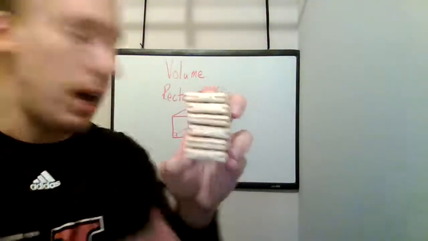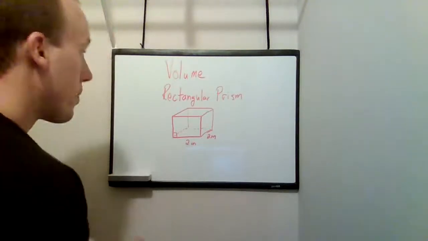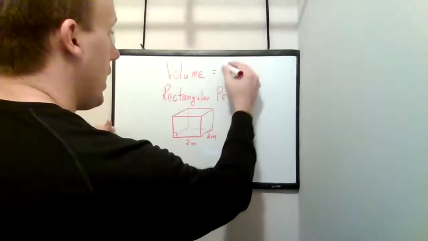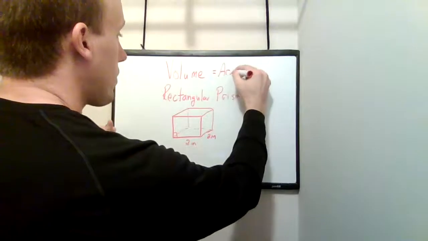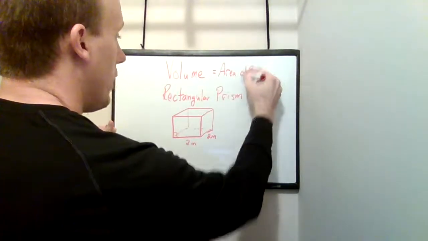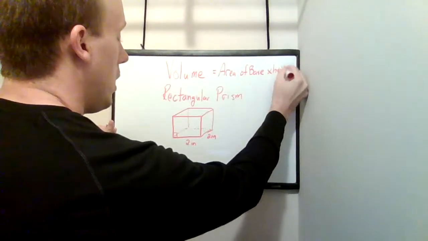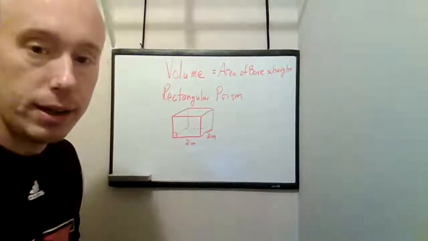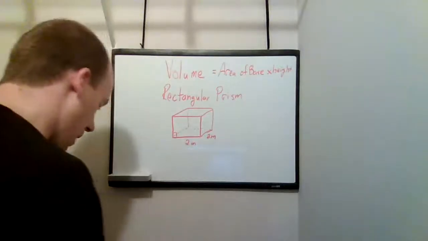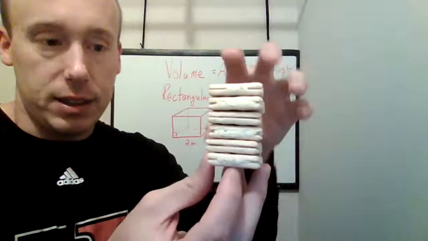So now the formula for the volume of anything, we're going to do two things today. The formula for the volume of anything is the area of the base, which on this shape is a square, times the height. And the height would be how many crackers I stack this up with.